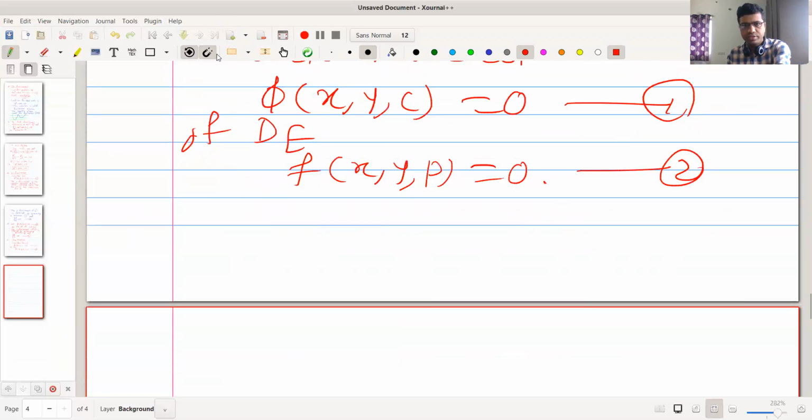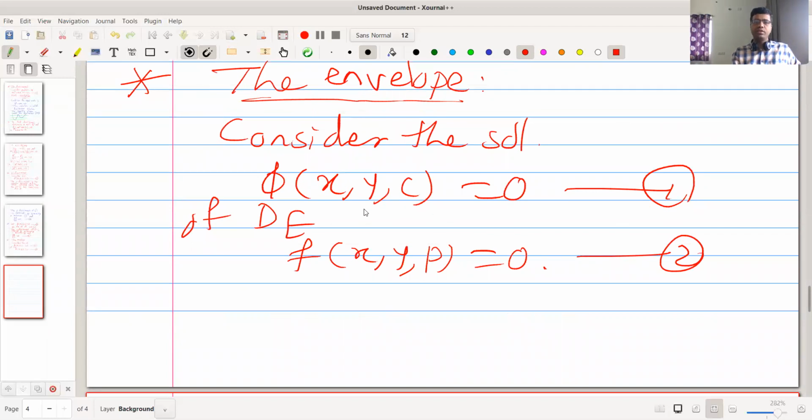So if we change c, we get different solutions. Okay, so we can say that phi of x, y, c equal to 0 is a family of curves, and all these are solutions of differential equation 2.